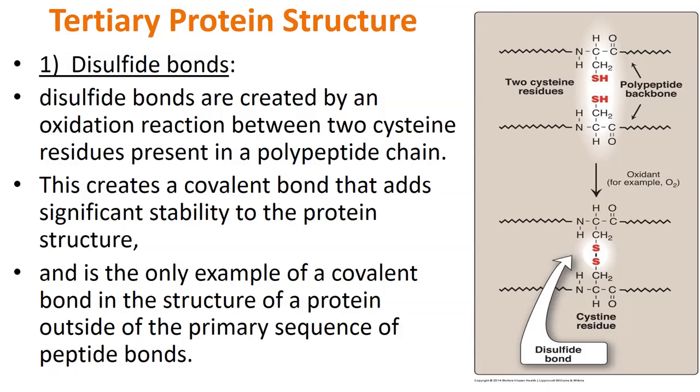You get an oxidation reaction, and you form this covalent bond. This is the only covalent bond you see beyond the peptide bond in the primary structure between the amino acids. Because it's covalent, it's very strong and adds particular structural stability to a protein. So that's between cysteine residues.